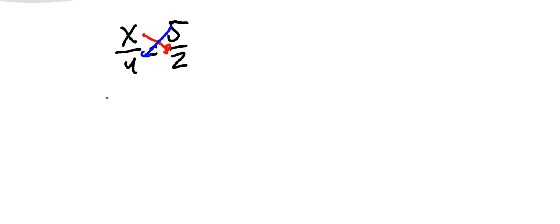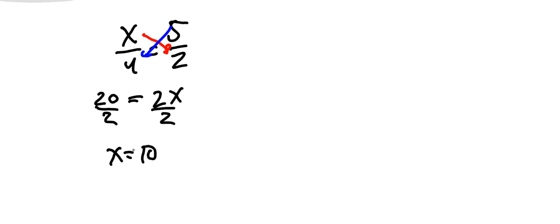So 5 times 4 is 20. We're going to make that equal x times 2 is just 2 x's. And now we can just solve our equation like normal. When we divide by 2 to get rid of the 2, x is going to equal 10. So that's the answer for that.